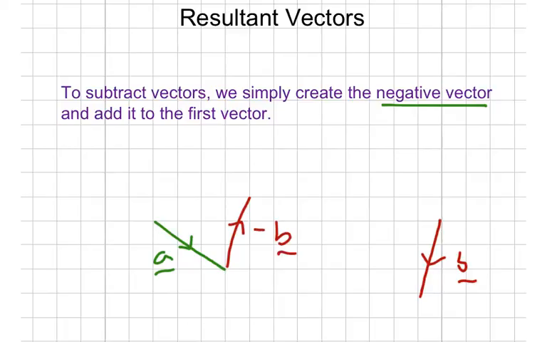Minus B goes like that, and so the resultant is A minus B. So that's how we combine vectors, by adding and subtracting to obtain resultant vectors.